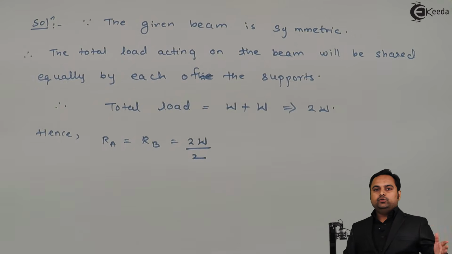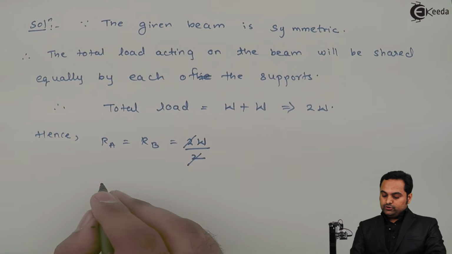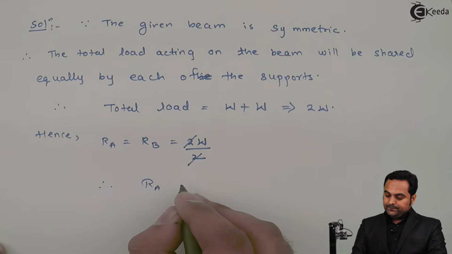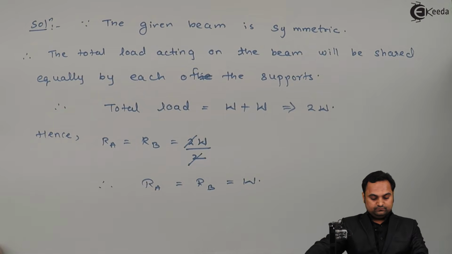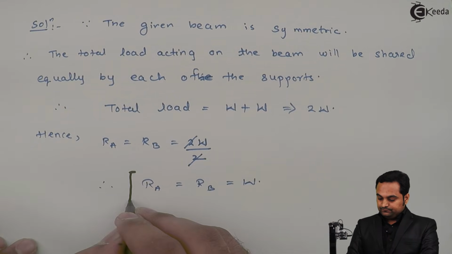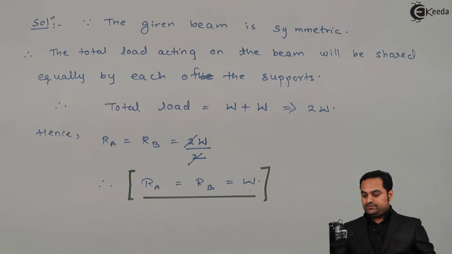So 2W by 2, 2W by 2. So finally when I cancel 2 from here, the reaction at A and reaction at B comes out to be W. So we have found out the support reactions.